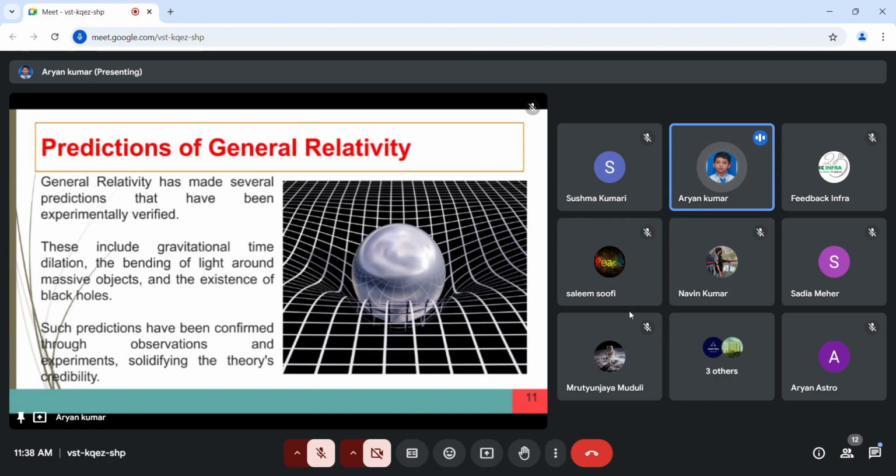Astrophysical predictions: black holes, neutron stars, white dwarfs, and the cosmological expansion of the universe. Experimental confirmation: gravitational lensing, gravitational waves, and gravitational redshift. This is the prediction of general relativity that happened to be true. Ladies and gentlemen, any questions for me?